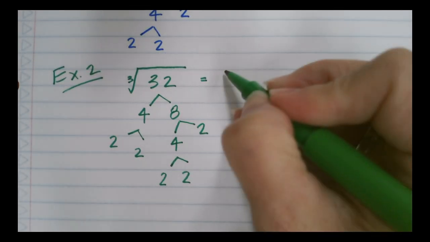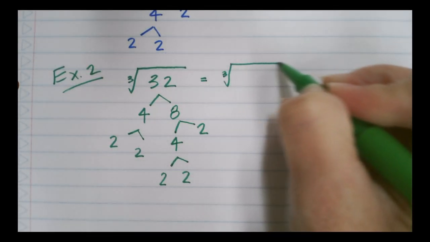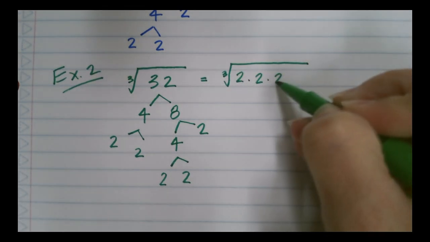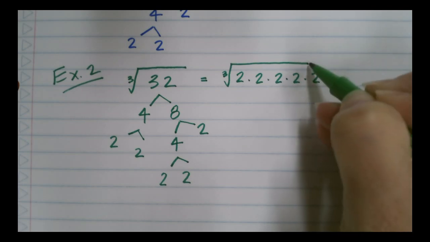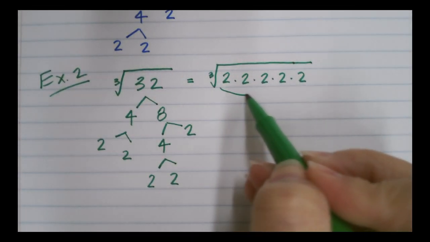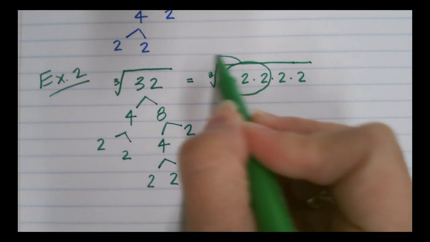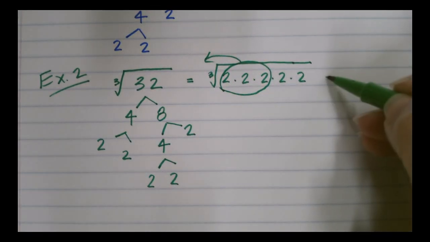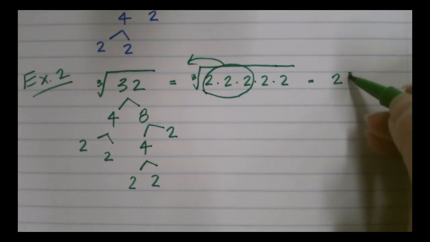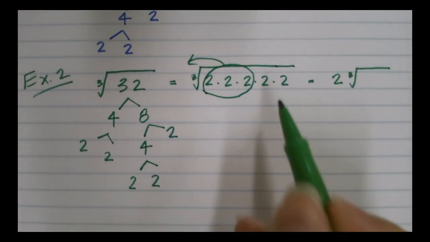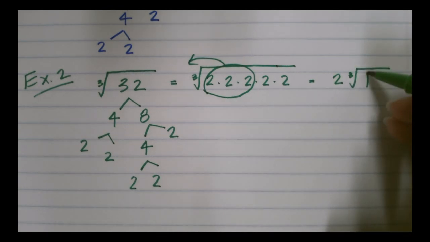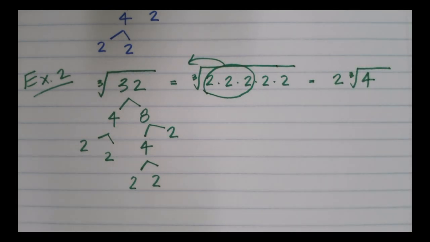So I know that 32 is the same as 2 to the 5th. So 3 of them can come on out. I'm going to have a 2 on the outside, and I don't have enough to make a group of 3, so that's going to stay inside, and anything gets multiplied back together.